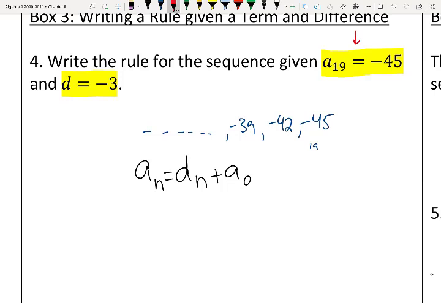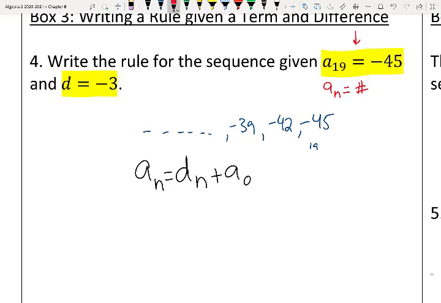In my given point here, anytime I'm dealing with a term that I'm given, a sub 19 equaling negative 45, that tells us that the 19th term is negative 45. We've established that. Which means when n is 19, your a sub n equals negative 45.